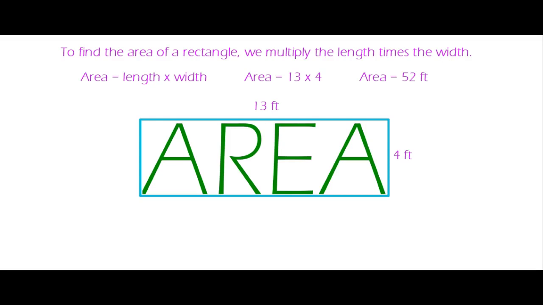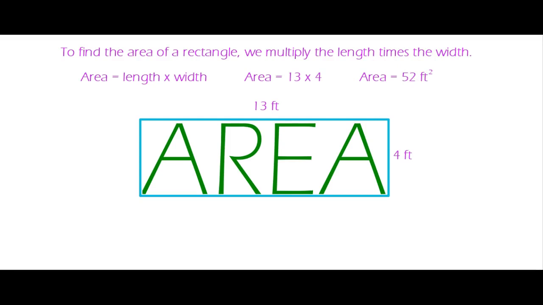Well, that's right, but it's not right. Because we said earlier that the area is always measured in square units. Well, in this case, our unit is feet, but square feet looks like this. Just a little 2 right here in the upper right side of the T in feet.